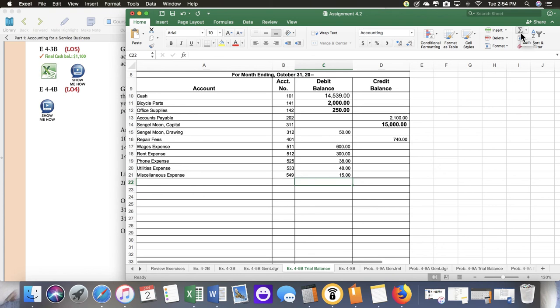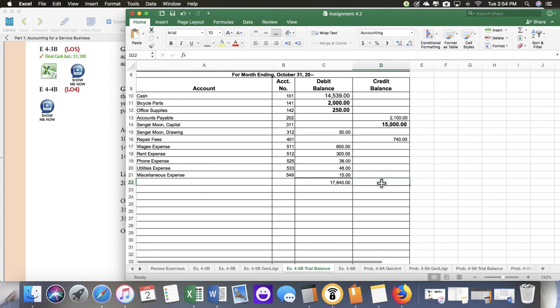I'm not very good with the names of the Roman letters. So we're going to press the sum button. And if you notice, it only takes part of it, so we're going to drag it down to make sure it covers the entire column. And so that gives us a debit balance of $17,840.